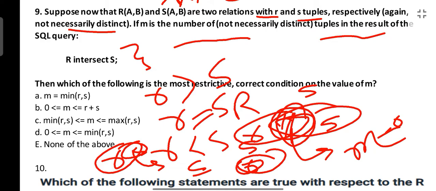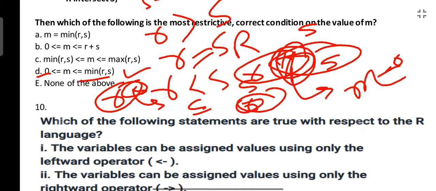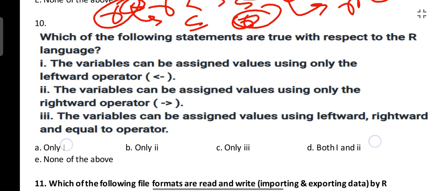It will be option D: M lies between 0 and the minimum of R and S. It means maybe there is no matching row and R intersect S gives nothing, or whichever is smaller, all its values match the one which has more values. I hope it is clear. If some question is not clear, let me know in the comment section. I can take that question in the next session also.